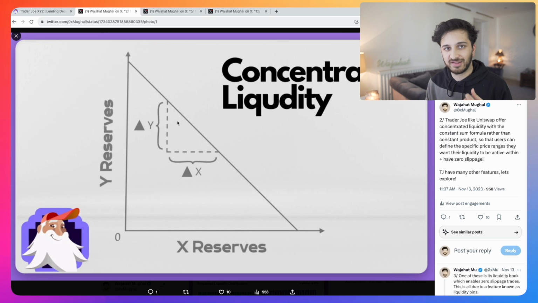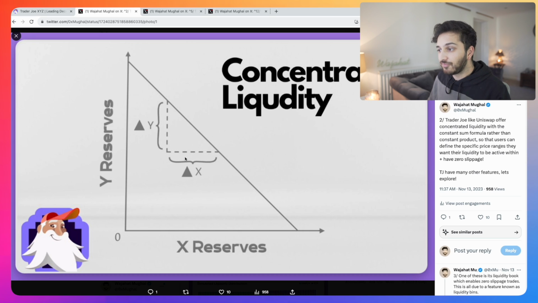Firstly, you can get zero slippage, and they're able to do this because of the liquidity bin model that they've got. We're going to talk about that shortly. Also, it's able to generate more fees, and we can define our price ranges a little bit more. So we've got a lot more flexibility when it comes to providing liquidity here on Trader Joe compared to Uniswap. There are a few different things that we can tweak and change, and create some interesting strategies too.